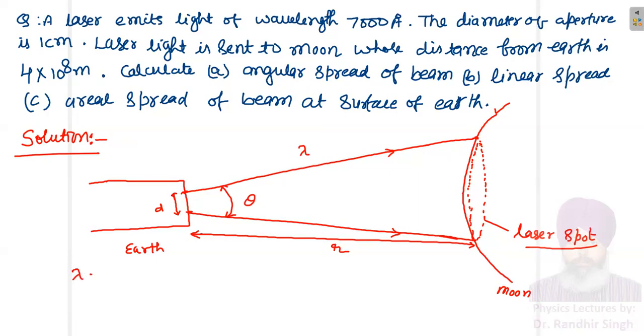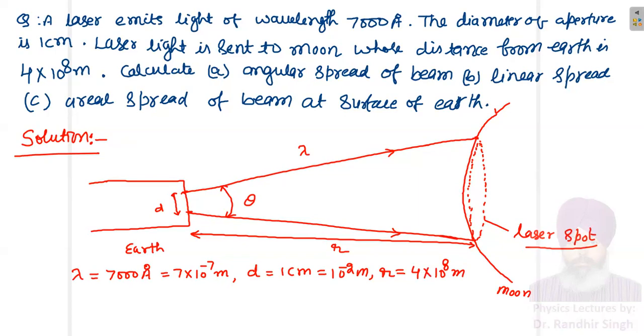One, the wavelength of the light is 7000 angstrom. If I convert it into meter, it will become 7 into 10 raised to power minus 7 meter. Second parameter is the aperture, small d. It is 1 centimeter, which will become 10 raised to power minus 2 meter. Third quantity is the distance between the earth and the moon, which is 4 into 10 raised to power 8 meter.